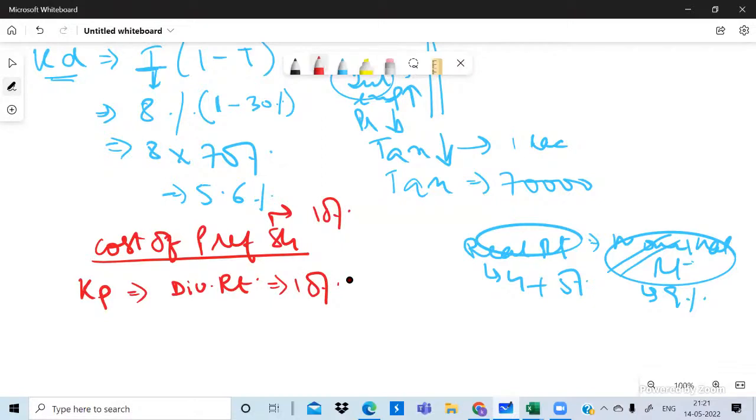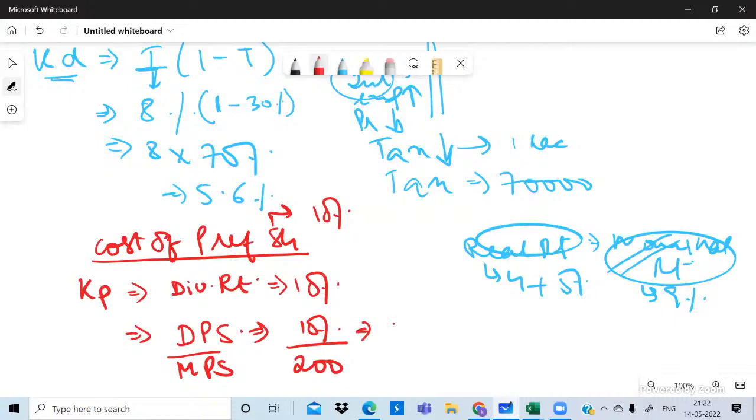In case the company's preference shares are listed on the stock exchange and trading is happening, just like your equity shares get listed, some companies can also list their preference shares. Then in that case, how do you calculate your cost of preference? Cost of preference will be nothing but your dividend per share upon your market price per share. So let's say your dividend per share is 10 rupees, your market price per share is 200.